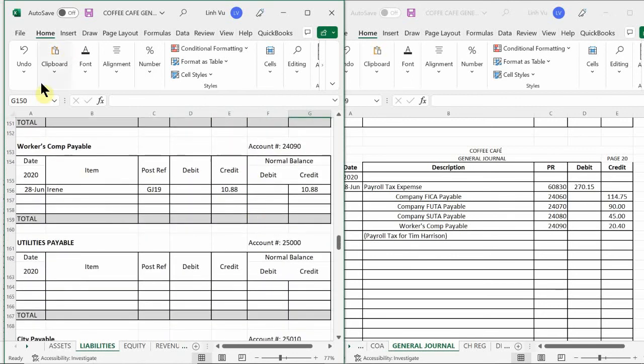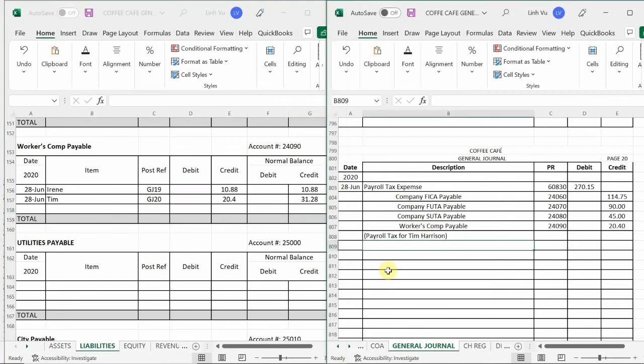And last but not least, workers' compensation is $20.40, which will give you a grand total of $31.28. Excellent. Awesome. So that completes our 2 employees.